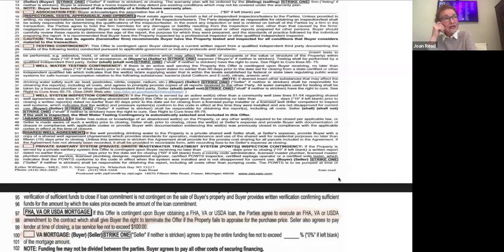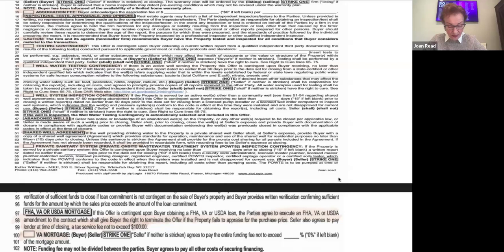Make sure that you understand how long these tests take to get the answer, especially arsenic. And you can write that into the timeline of this water testing contingency. You don't want to have it run out and you still haven't gotten the results of your test back.